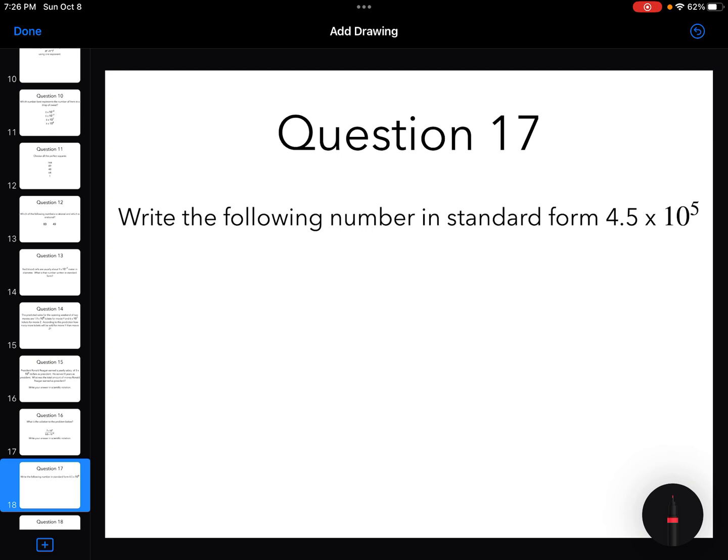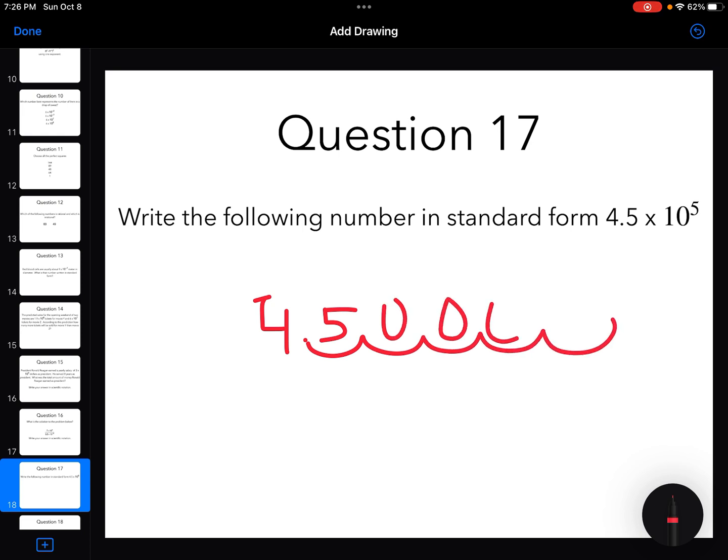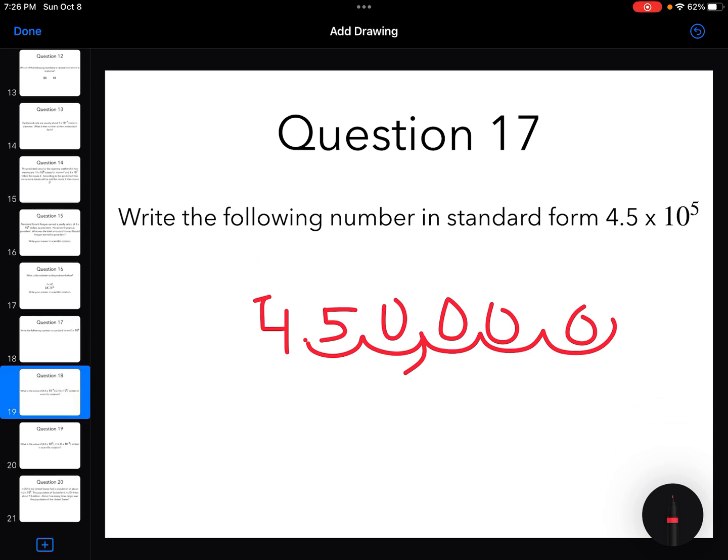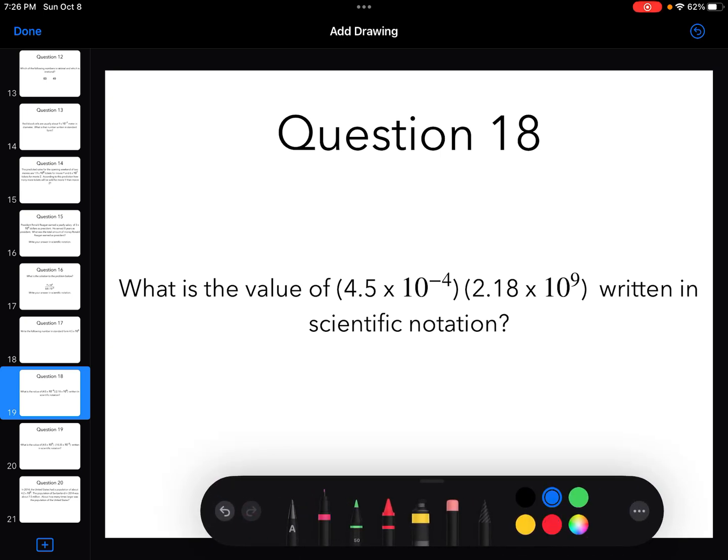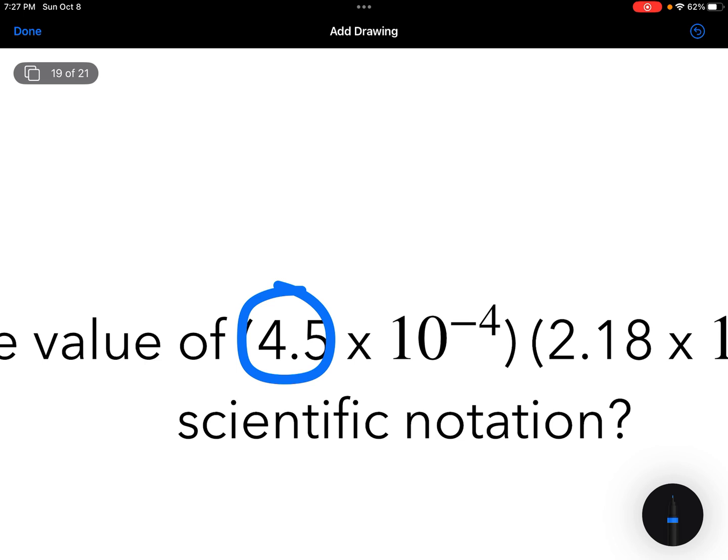All right, write the following number in standard form. So I have 4.5, 1, 2, 3, 4, 5. So I get 450,000. All right, they want us to multiply now. Well, I know that I'm going to multiply my multipliers. Sounds kind of silly, doesn't it?